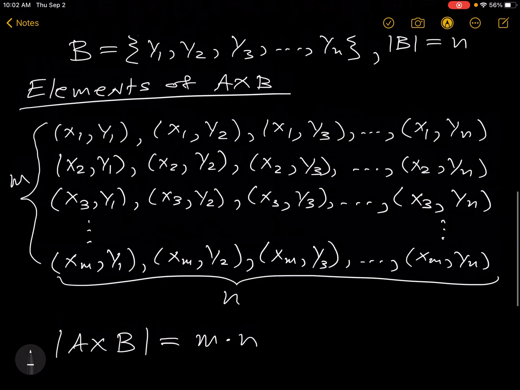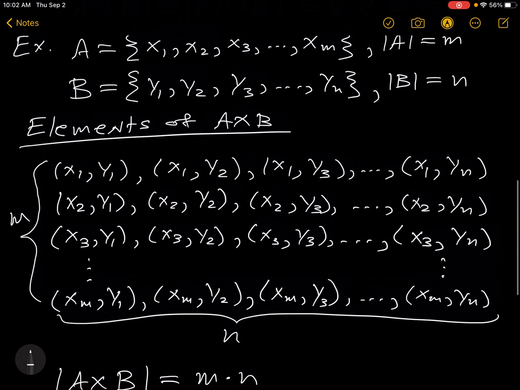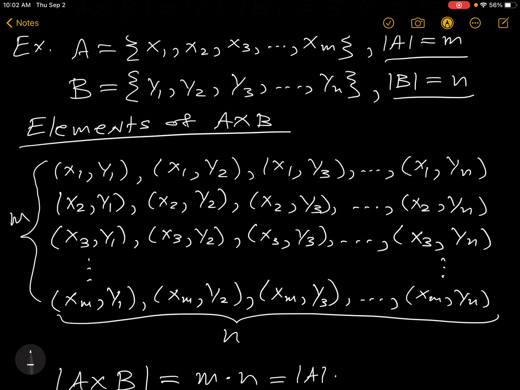Now remember, what was m and n? m was the cardinality of A, and n is the cardinality of B. And so you could consider this a proof. This would be a proof of this formula.